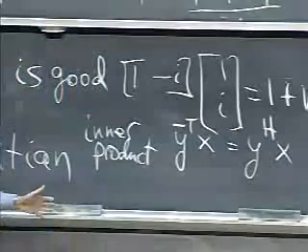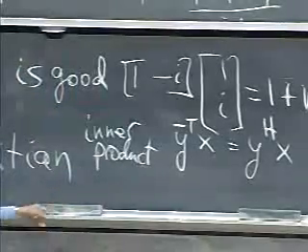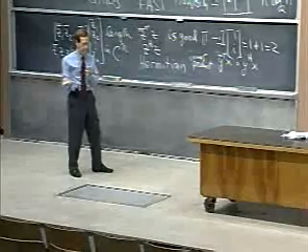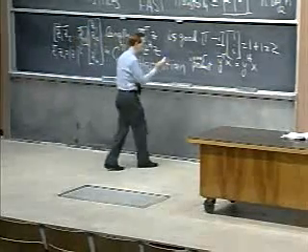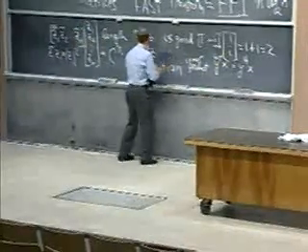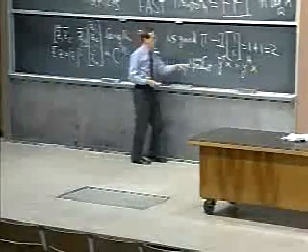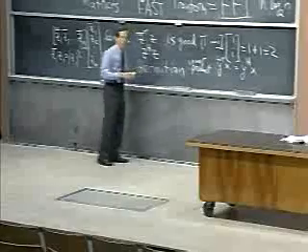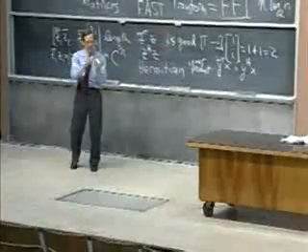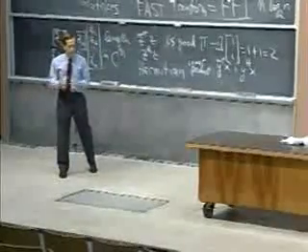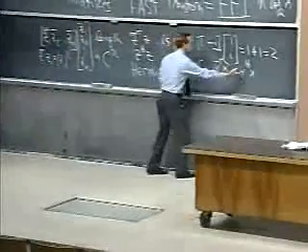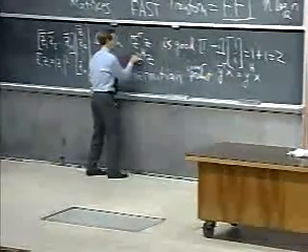Of course, it's not real anymore usually. The inner product will usually be a complex number. But if y and x are the same z, then we have ZHZ, the length squared, and that's what we want. The inner product of a vector with itself should be its length squared.